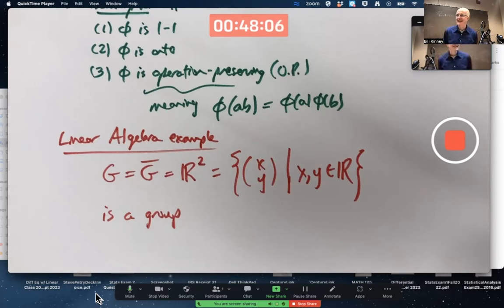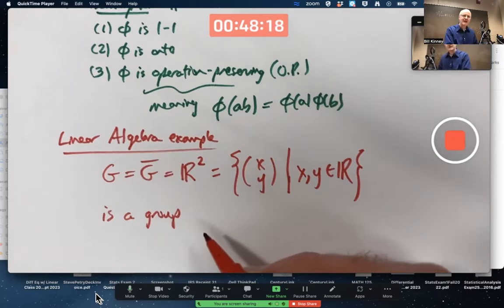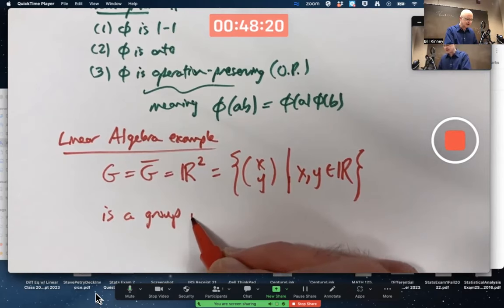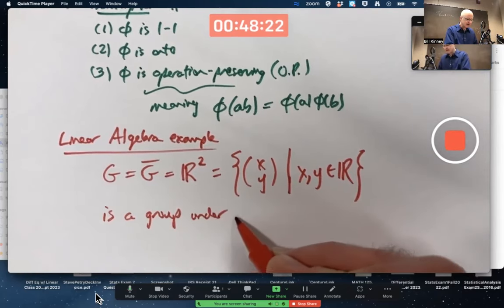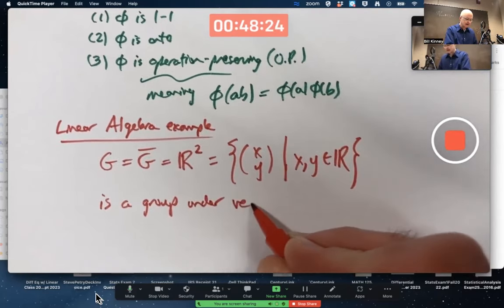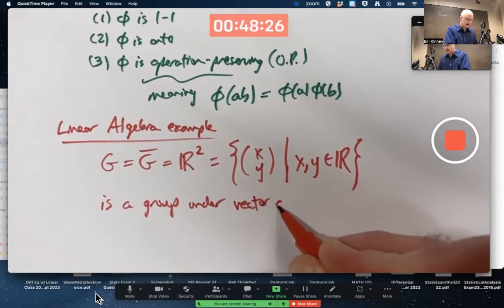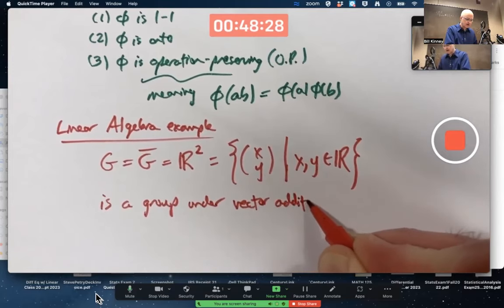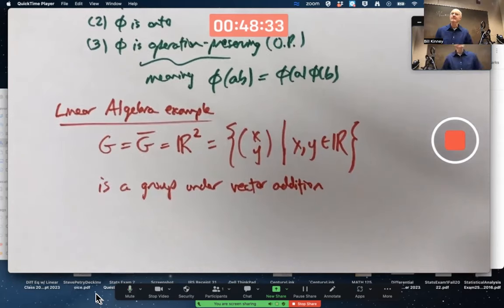So closure is not satisfied. It's a way to combine two vectors to get something else, a number in that case, but it's not another vector. It's not an element of R2. So the operation is not any kind of multiplication. It's vector addition. I could call it ordinary vector addition if I wanted to.